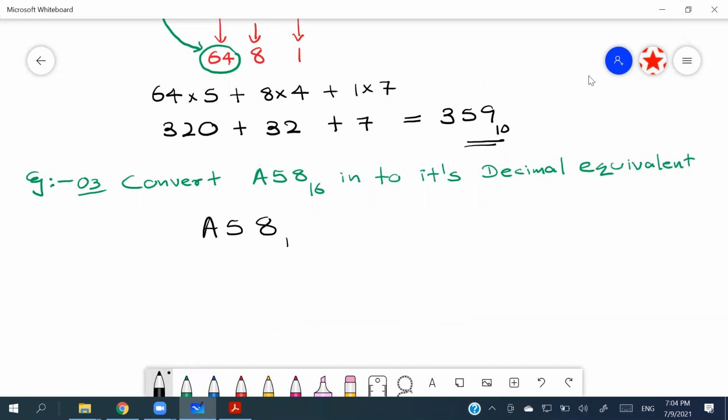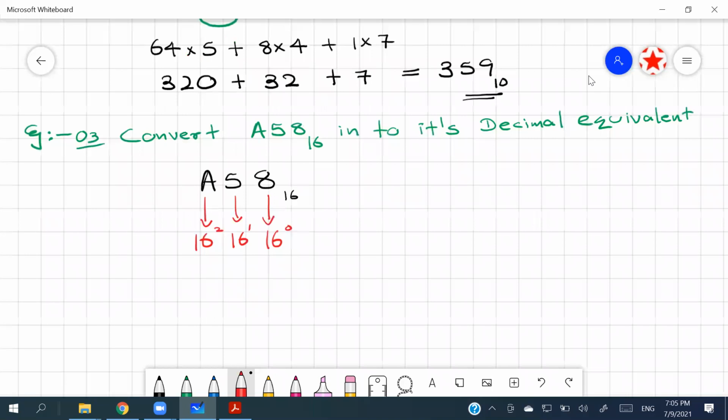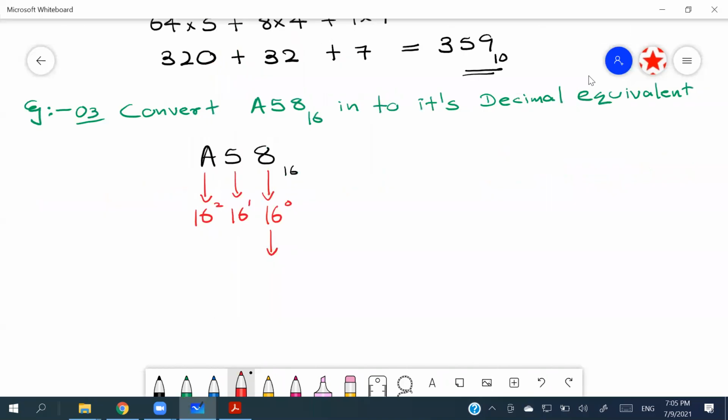That is in hexadecimal. So we consider the place values. So it's going to be 16 to the power 0, 16 to the power 1, and 16 to the power 2, which is going to go as 1, as 16, as 256, right?